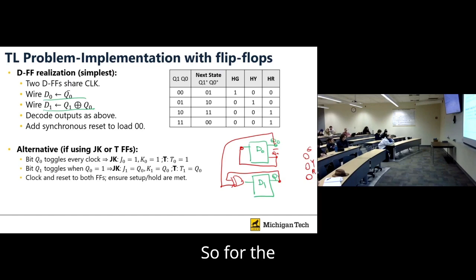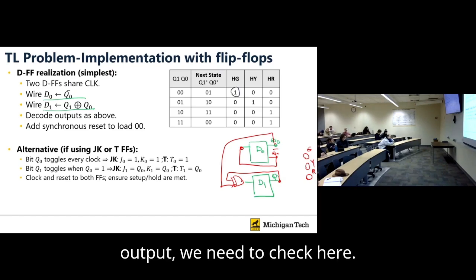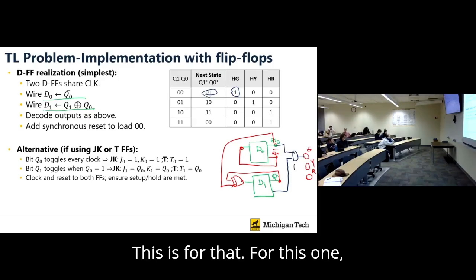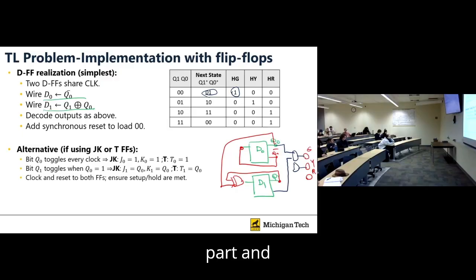For the output, we need to check here. Q1 bar, this is Q1 bar, or with Q0. This is for that. For this one, we have Q0 bar and Q1.